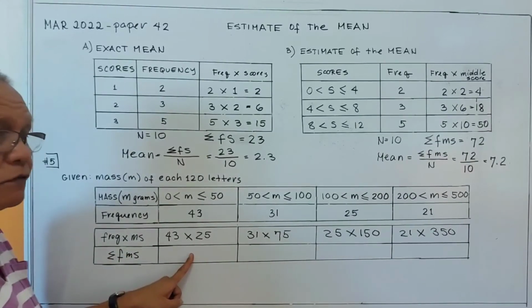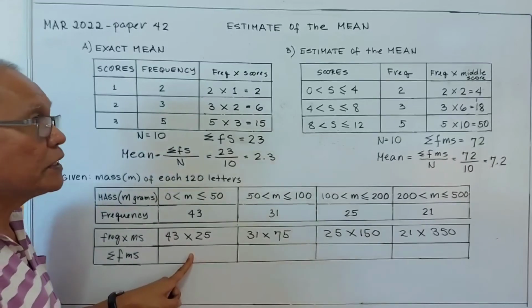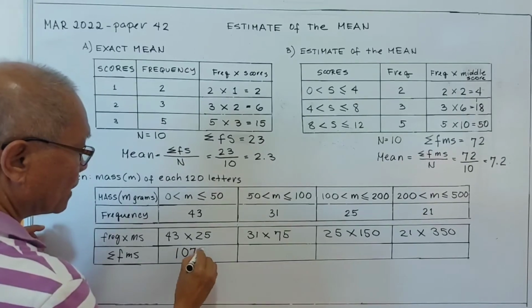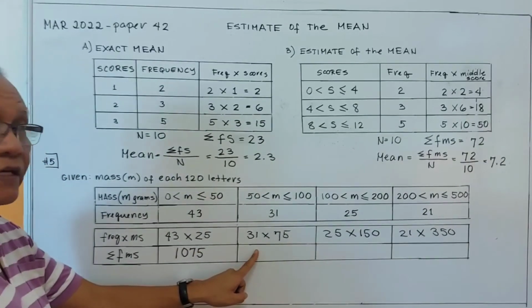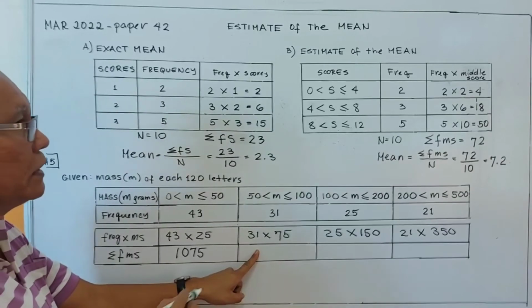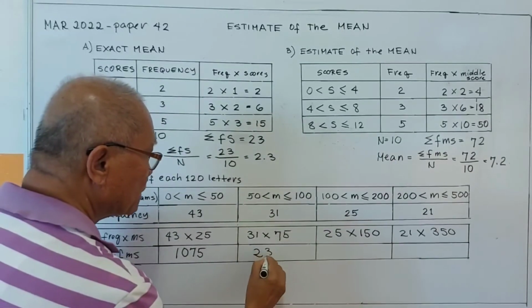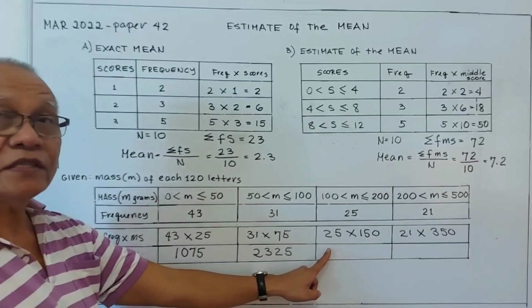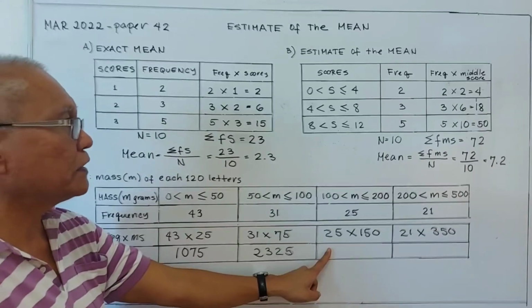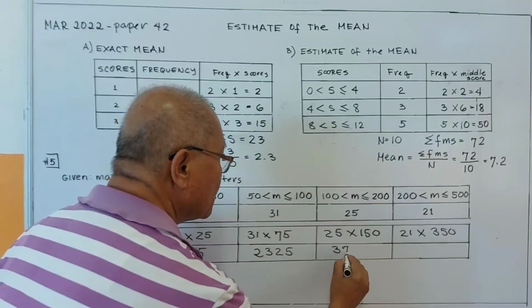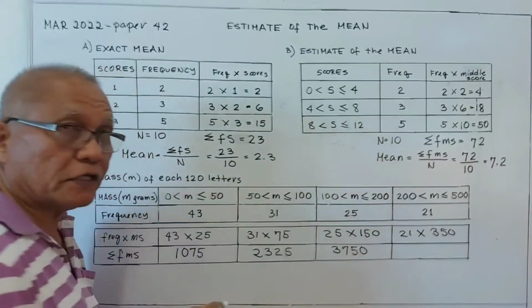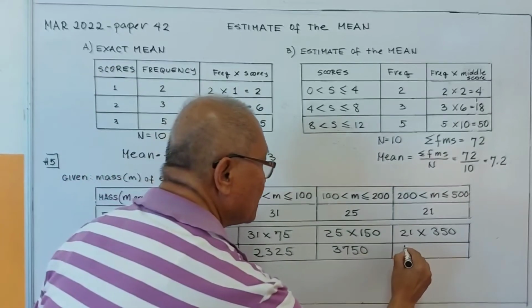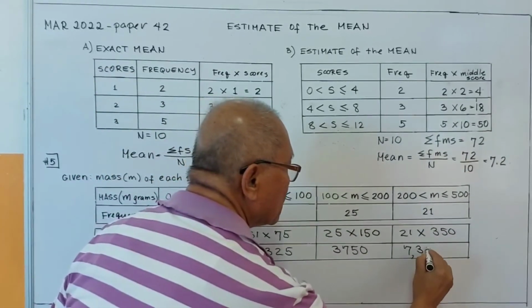So let us multiply. 43 times 25 is 1075. Next is 31 times 75 is 2325. Next is 25 times 150 is 3750. And 21 times 350 is 7350.